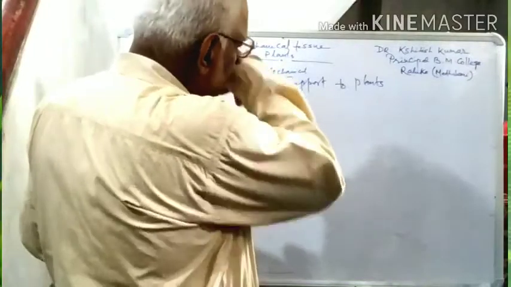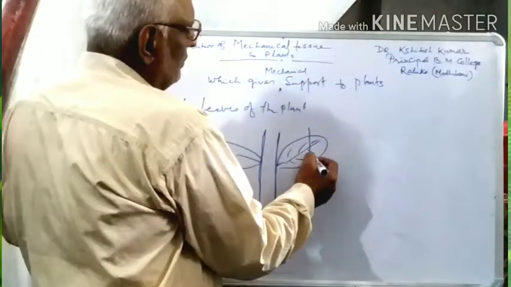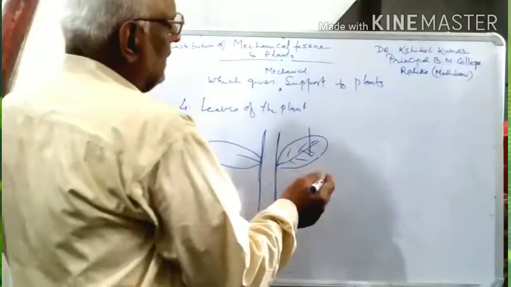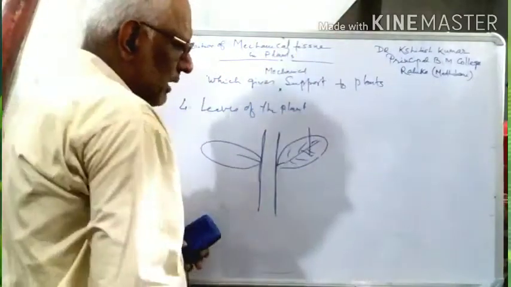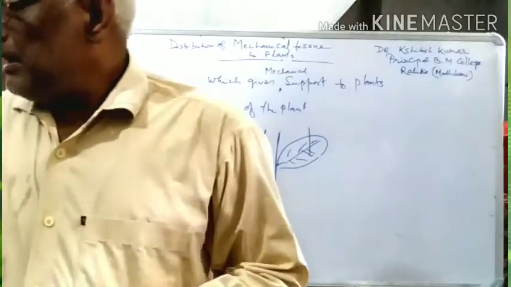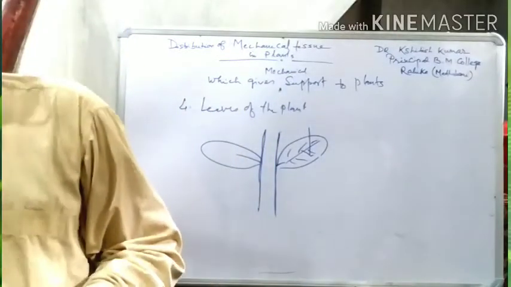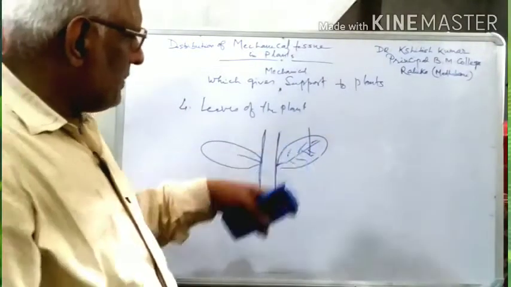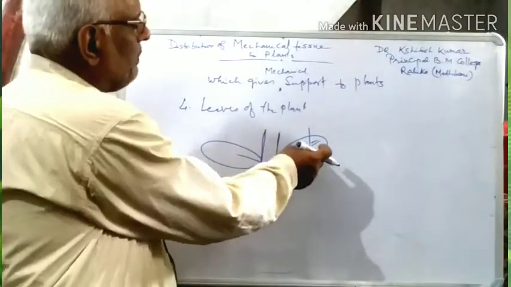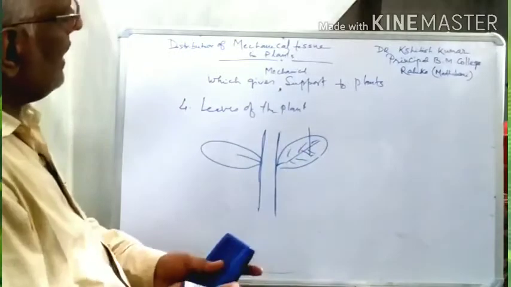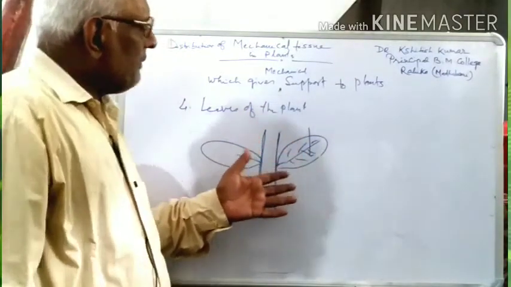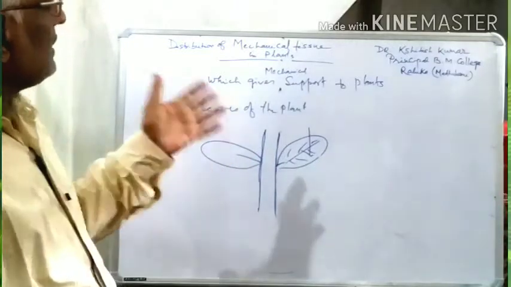The wind forces are perpendicular to the leaf, and hence the leaves move upward and downward. If there is no device in the leaves, they may be broken, and if the leaves are broken, then photosynthesis does not occur.